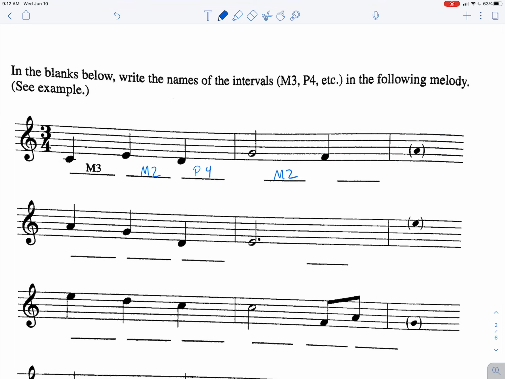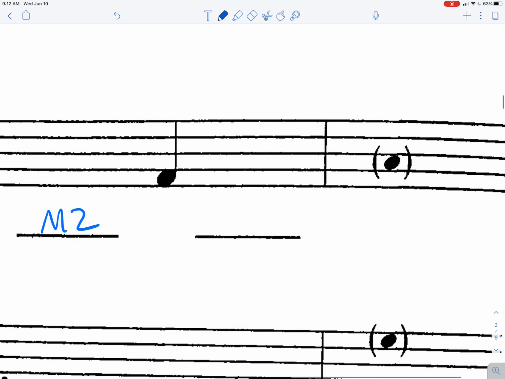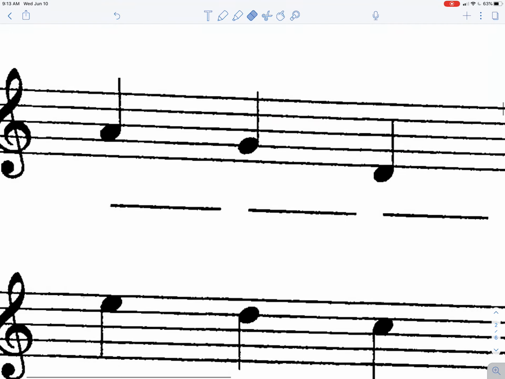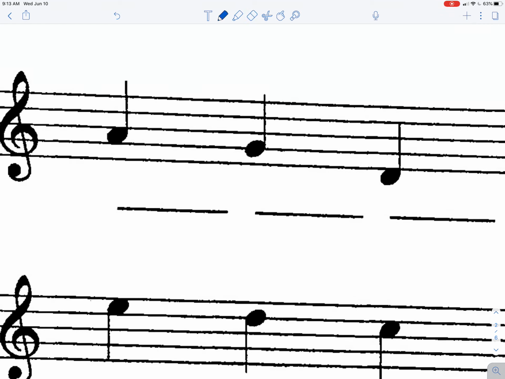So between F and A, same process. Count your scale degrees. 1, 2, and 3. We know that's some sort of third. And if we count the whole steps, we see that there's 2 whole steps, which means it's a major third. And then we're here looking between A and G, which is a major second.